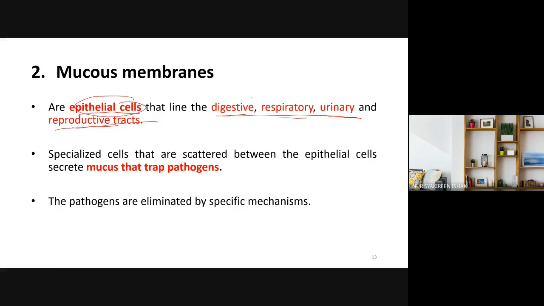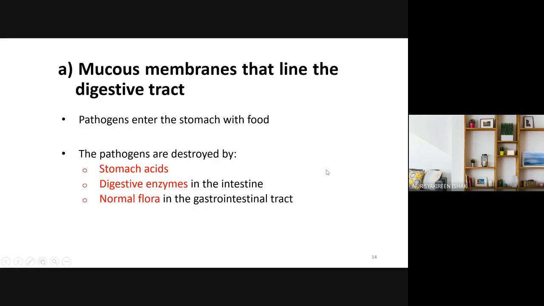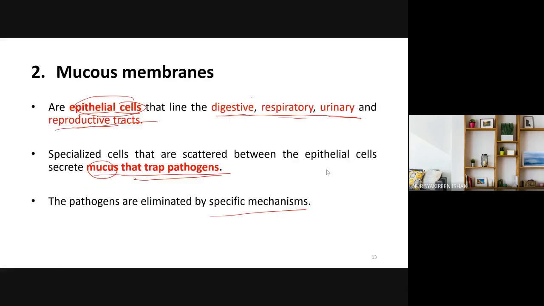Okay, so these are cells that are capable of secreting mucus that will trap pathogen. Okay, specialized cells that are scattered between epithelial cells that secrete mucus. So the pathogen are eliminated by specific mechanism. Okay. So kita akan tengok contoh mechanism for each system lah kejap lagi yang ni.